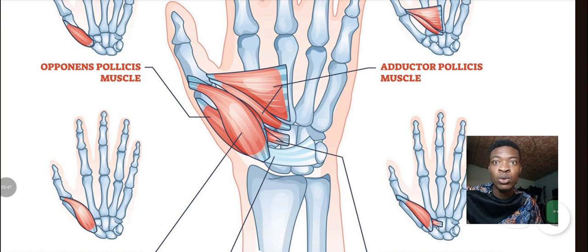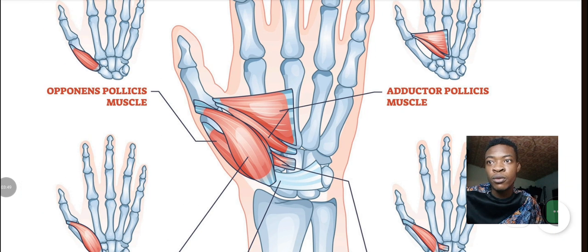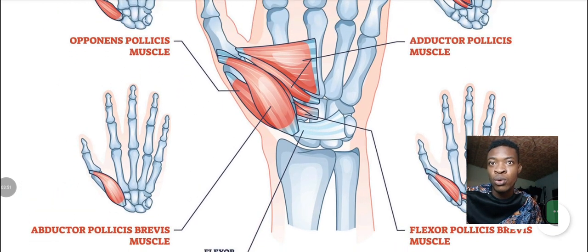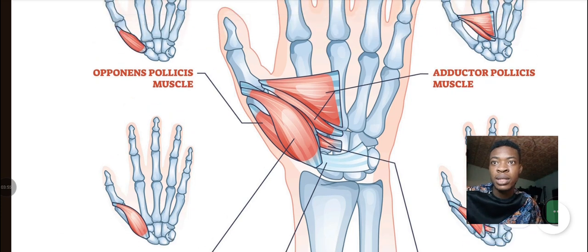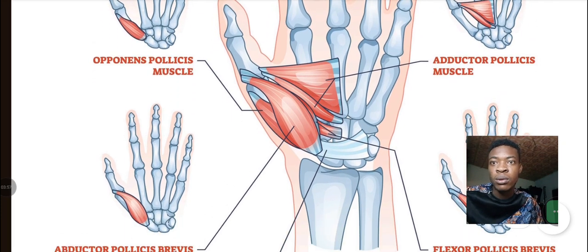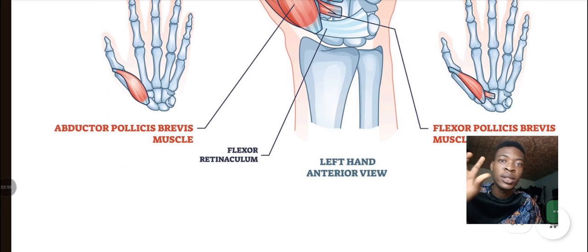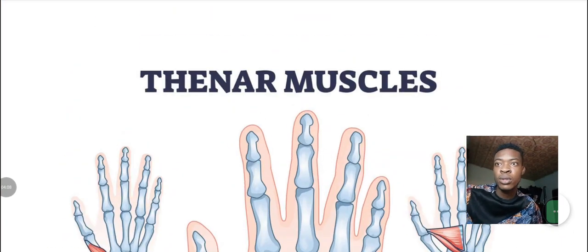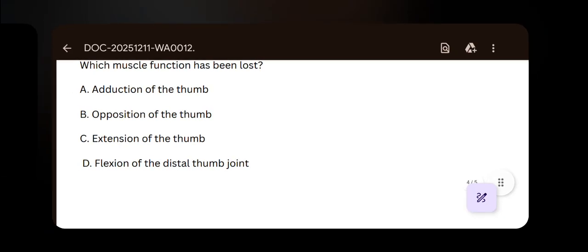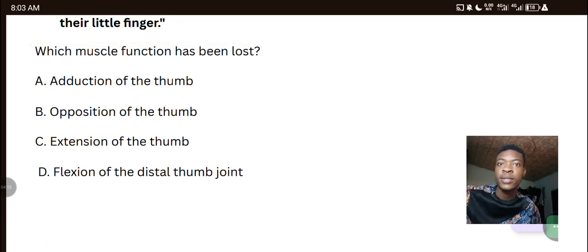These 3 are your OAF muscles. These are the muscles that are affected when you cannot put your thumb across or carry it up. So the answer majorly is opposition of the thumb, right?